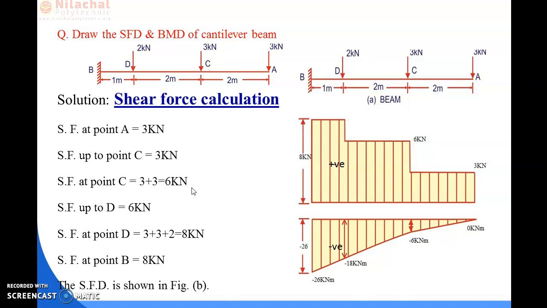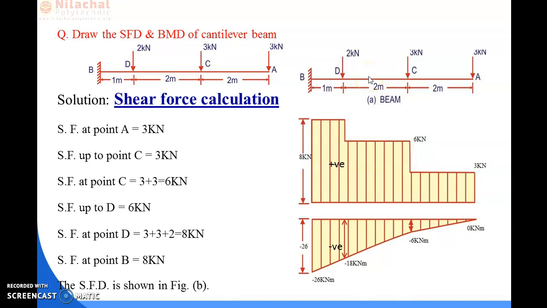Then similarly, shear force up to point D. While we consider up to point D, that means we need to see what are the loads acting at the right side of the section.